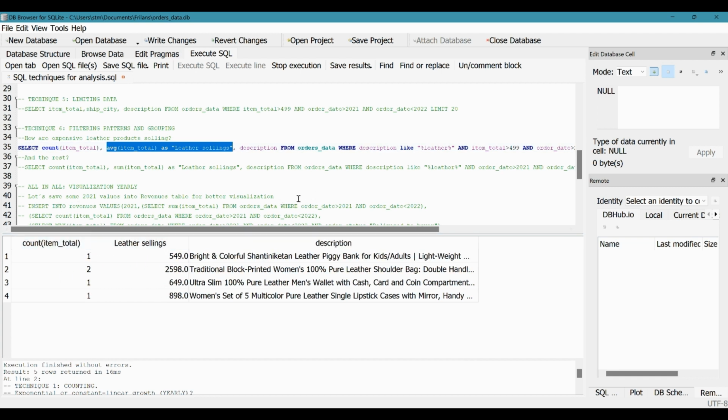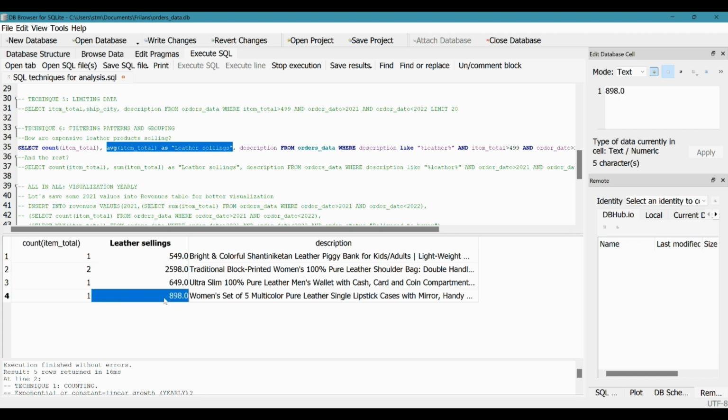is that I have two orders where the item total was more than 499 and the average is 2,498 for those orders. So that's a very high price.